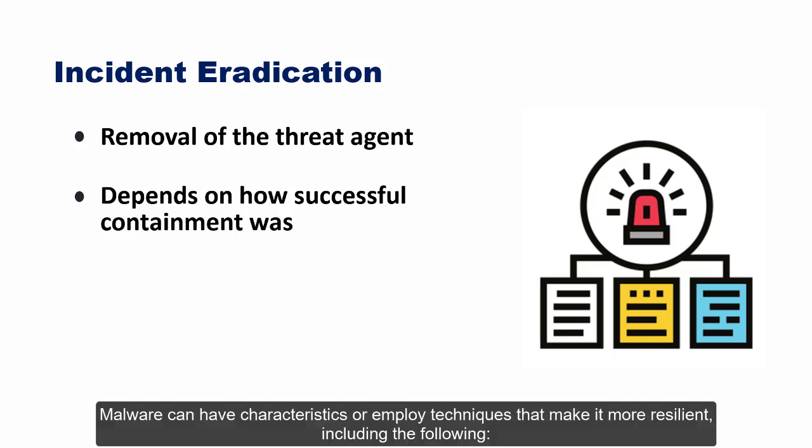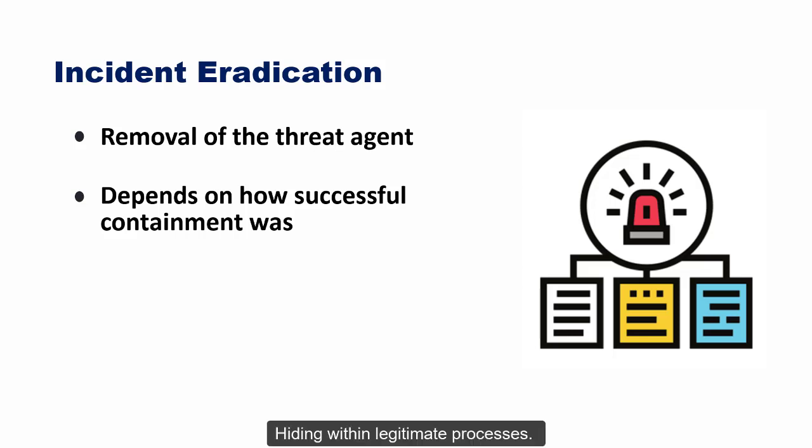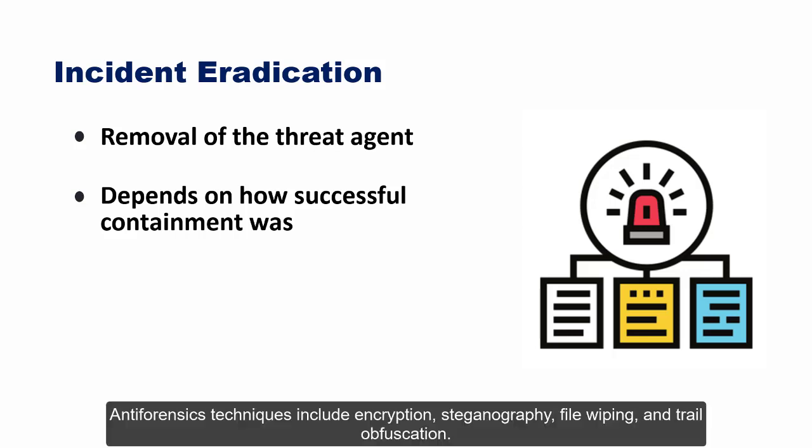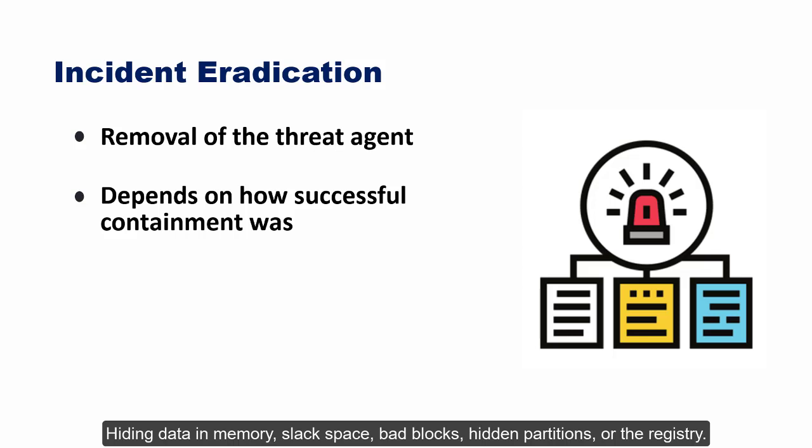Malware can have characteristics or employ techniques that make it more resilient, including the following: hiding within legitimate processes, fileless malware, and anti-forensics techniques including encryption, steganography, file wiping, and trail obfuscation. Hiding data in memory, slack space, bad blocks, hidden partitions, or the registry.